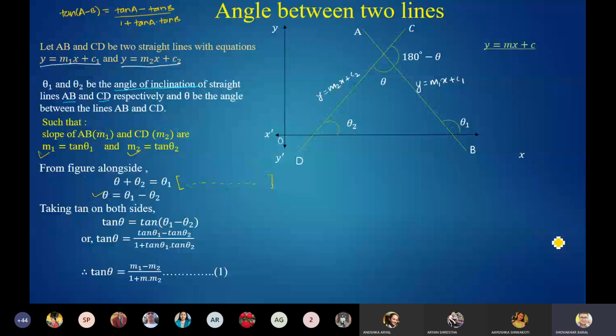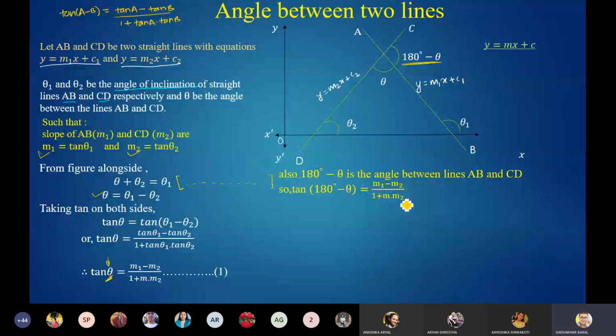Also, 180 degrees minus theta is the angle between the lines AB and CD. The angle between AB and CD becomes 180 minus theta. If it were the case that this side was 180 minus theta, how would we take it? So tan of 180 minus theta equals m1 minus m2 divided by 1 plus m1 m2.